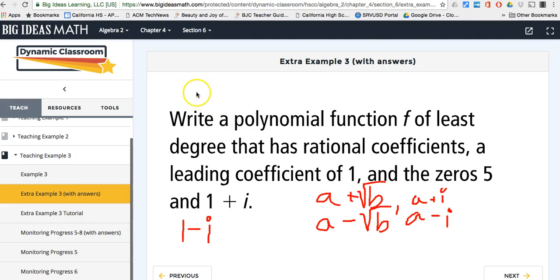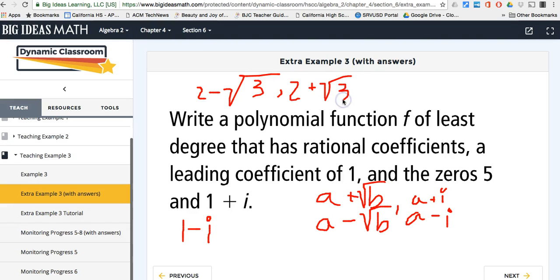Another way to test yourself, if 2 minus root 3 is a 0 of a polynomial function, what else is a 0? Again, take 5 seconds to come up with it. And you should have come up with 2 plus root 3.